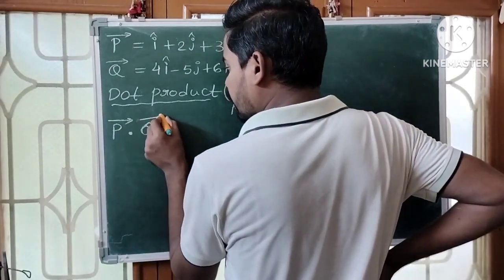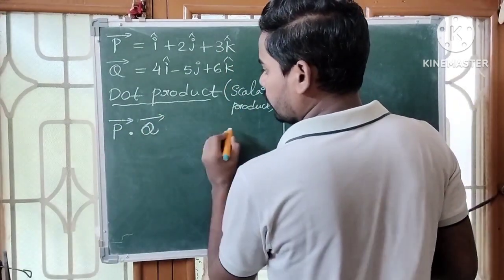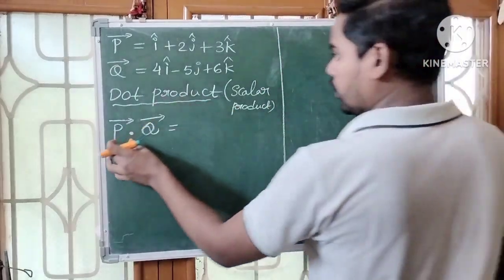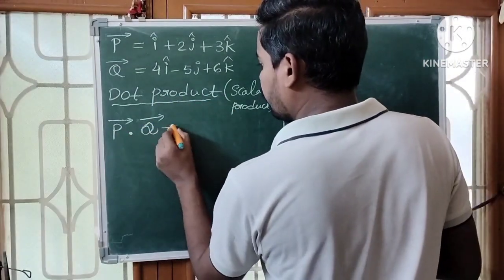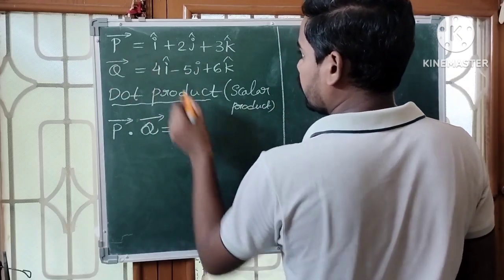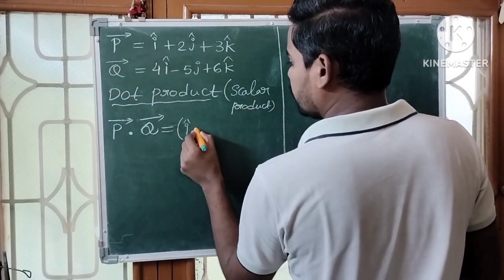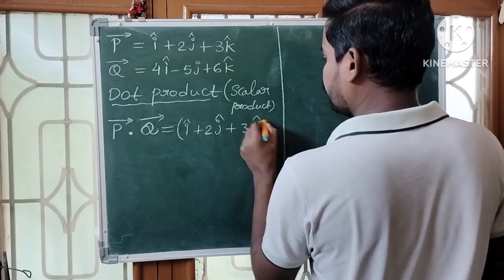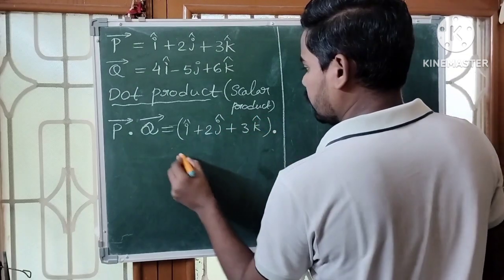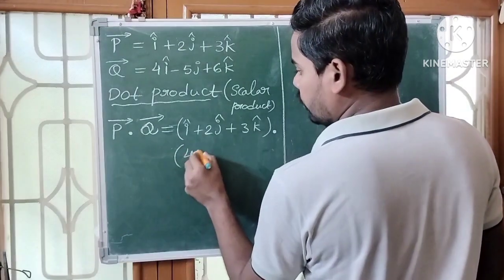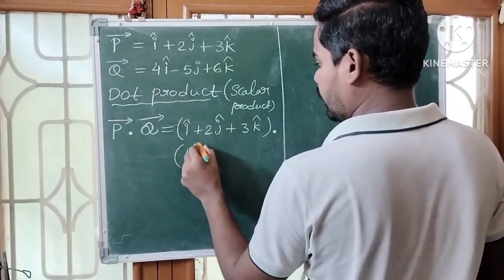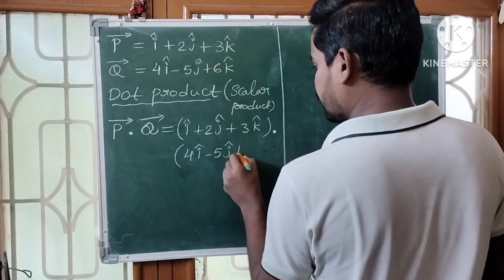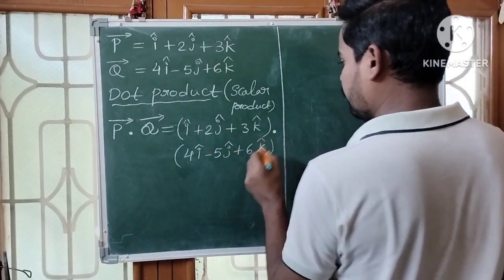So P dot Q is equal to vector P, i cap plus 2j cap plus 3k cap, dot product vector Q, 4i cap minus 5j cap plus 6k cap.